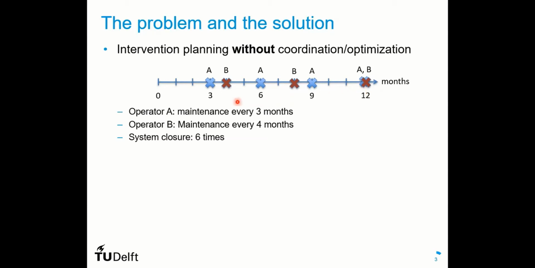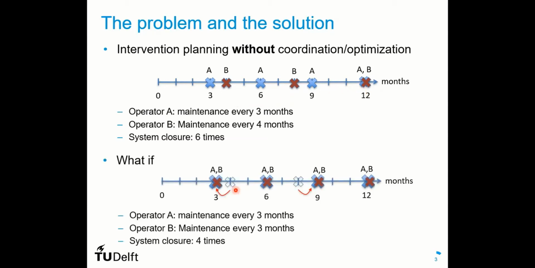All right. And what if we could group those activities together? Like we could convince both operators to implement their activities at the same time. In this case, we have A and B here, A and B, A and B, and A and B. So we reduced the system closure from 6 times to only 4 times.